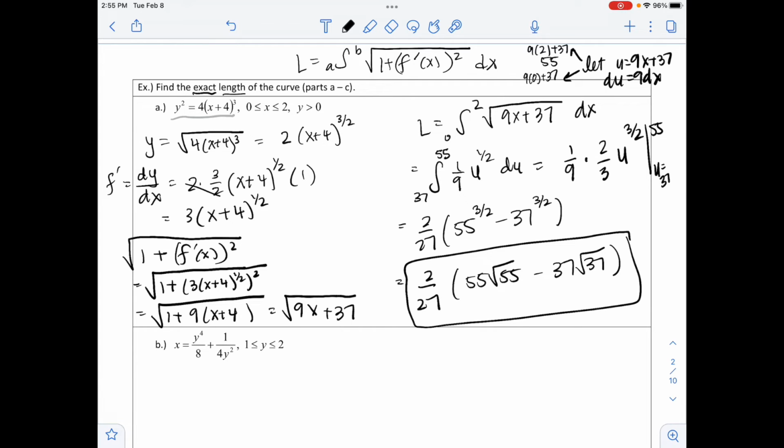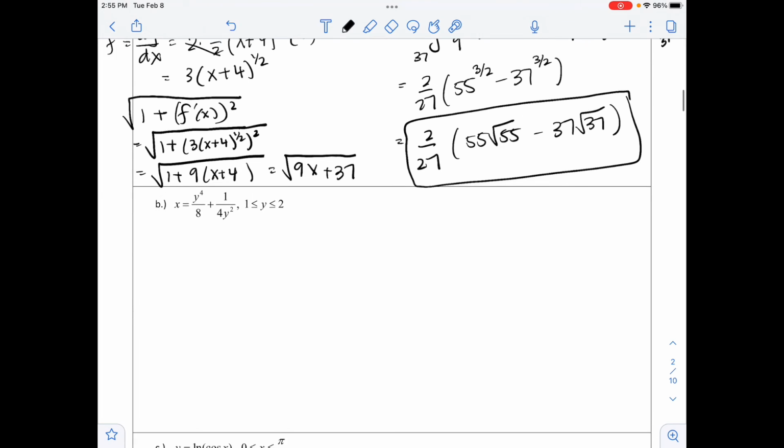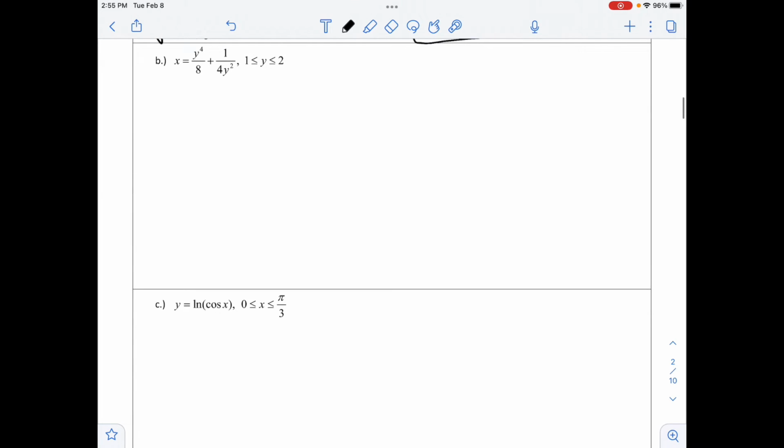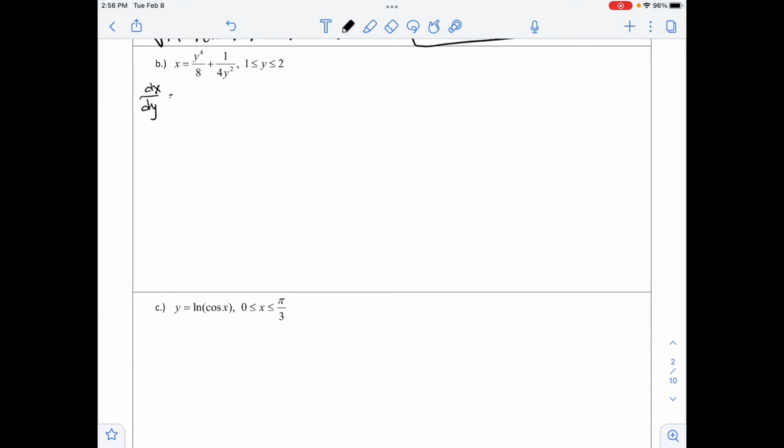The next example says x equals y to the fourth over 8 plus 1 over 4y squared, and y is between 1 and 2. So this time you'll see that we're going to be finding that length not with respect to x, but with respect to y. And so in order to do this, we first need to take a derivative. So our dx/dy, and then taking a derivative with respect to y, we're going to end up with 4 over 8 y to the third.